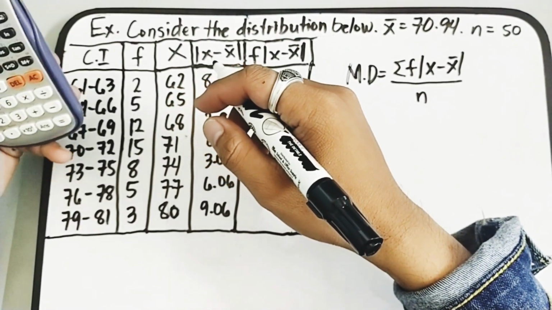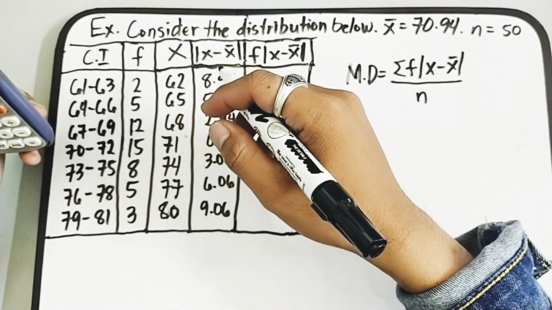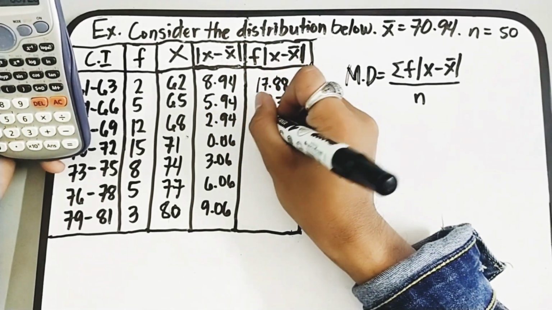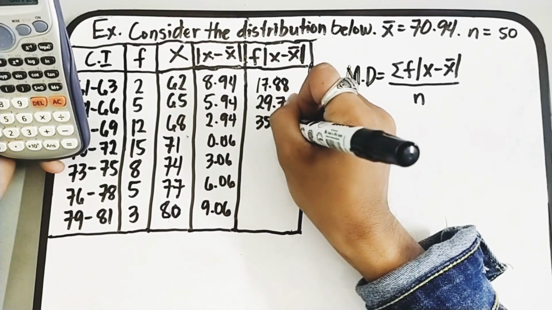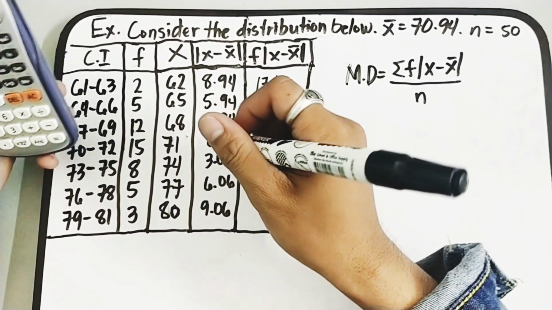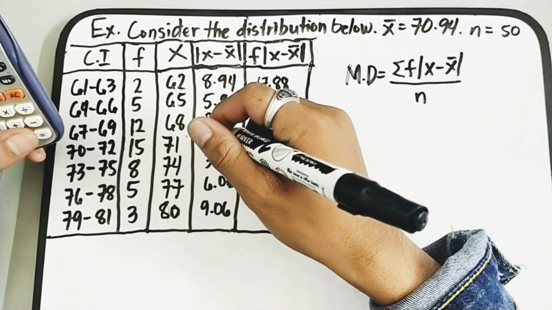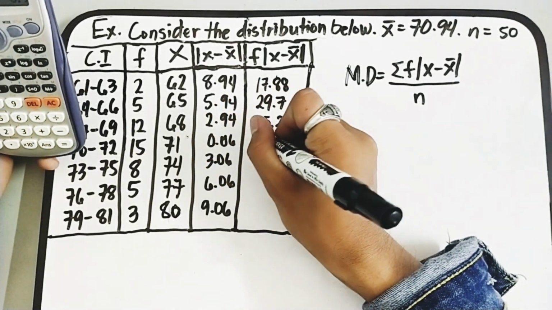2.94 times 12, we have 35.28. Next, 15 times 0.06. The answer is 0.9.